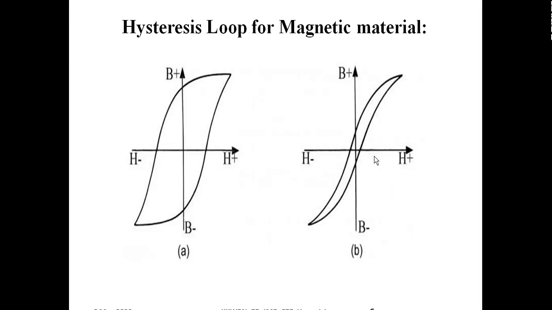If you observe figure B, which is of soft magnetic material, we can observe that the area is less, there is a less value of residual magnetic flux, and a less value of coercive force.